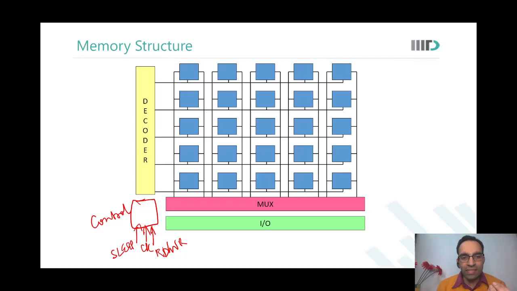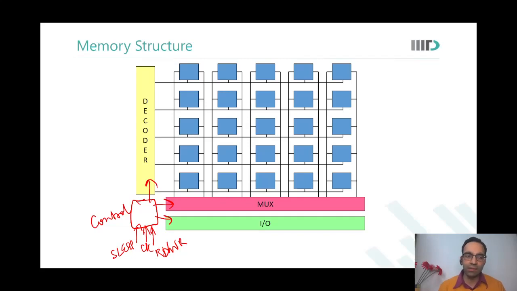When signals come to this control block, it sends out signals across the board to the MUX block, to the IO block, to the decoders, so that they can operate in the desired manner.